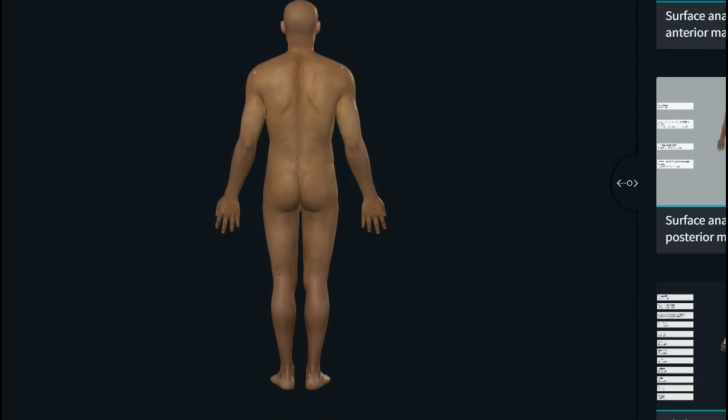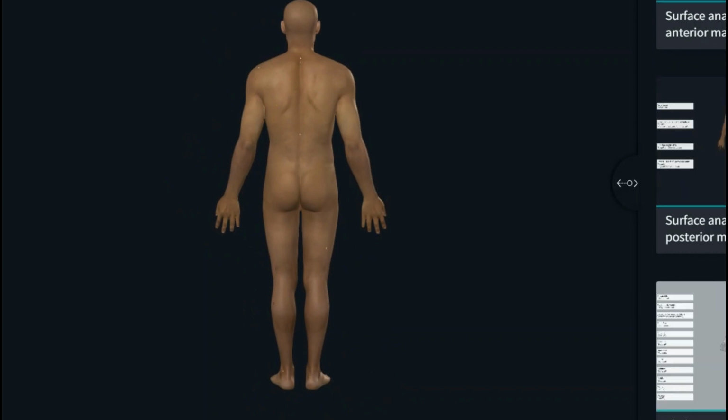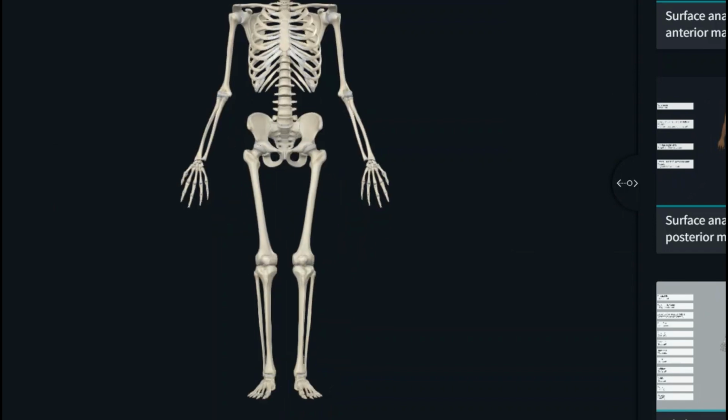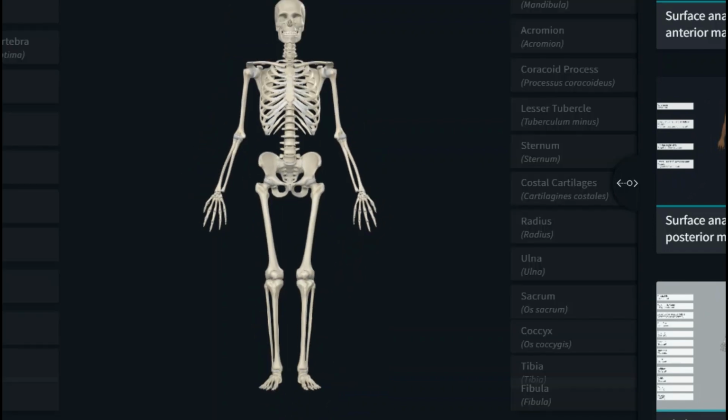Now if you remove the skin and muscles, you will see the skeleton of our body. Here you can see the head. We will discuss all the bones of the head in a separate video, and also all the bones of the upper limb, the thorax, the pelvis area, and the lower limb.